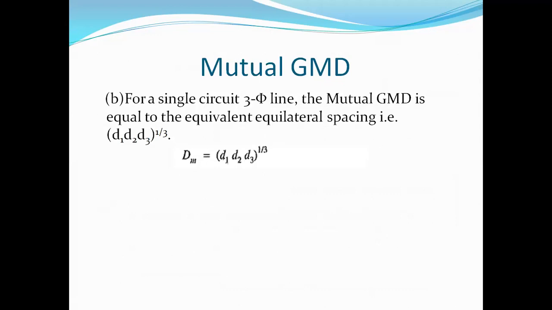We found this term when we calculated the inductance for a three-phase overhead line with unsymmetrical spacing. We already explained this term in the previous lecture. What is equivalent equilateral spacing? For a single circuit three-phase line, the mutual GMD is equal to the equivalent equilateral spacing, that is (D1 D2 D3) to the power 1 by 3.